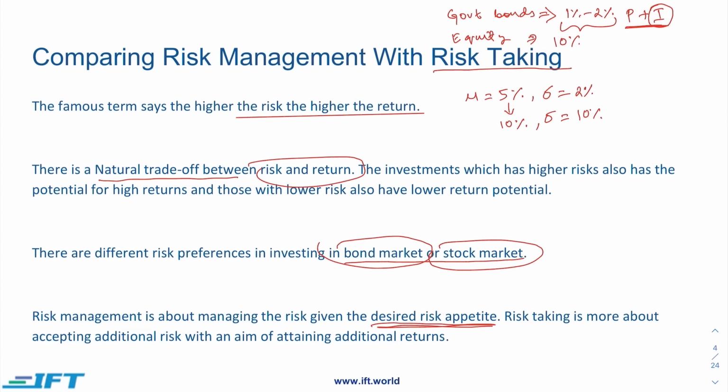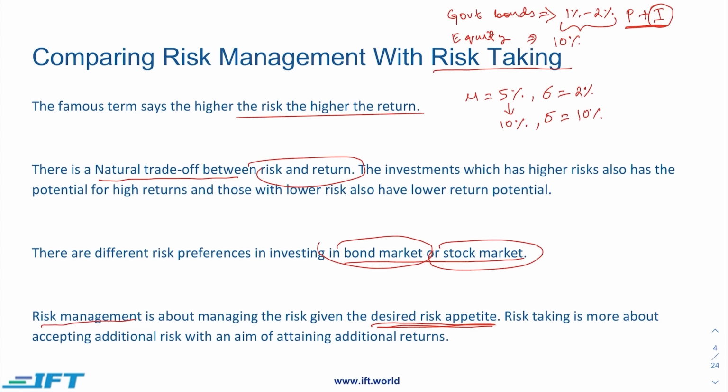It's more about what sort of risk you are willing to take. Are you a risk taker? Are you someone who is in your 20s, who has just started investing, or are you someone who is just about to retire and who wants to have safer options to invest? Based on the risk appetite, you can decide your risk management policy.